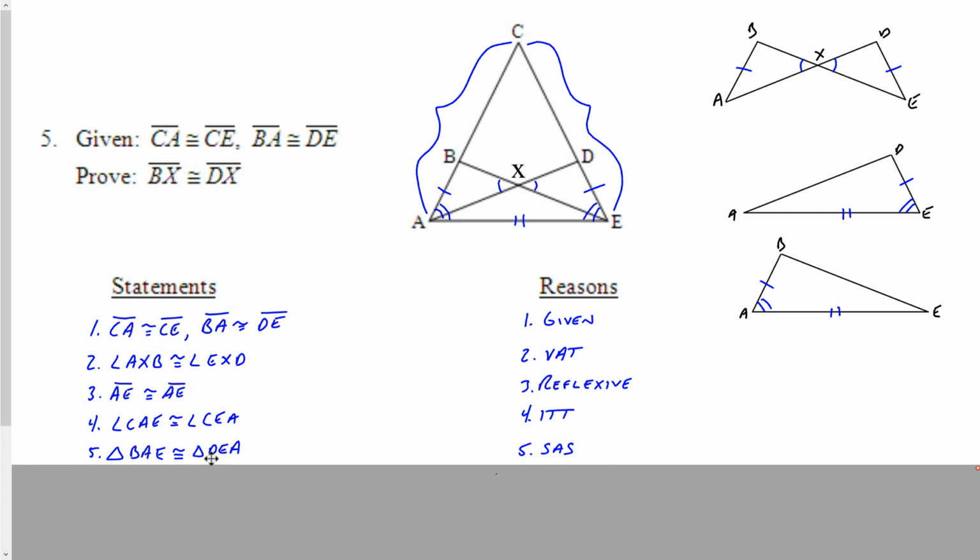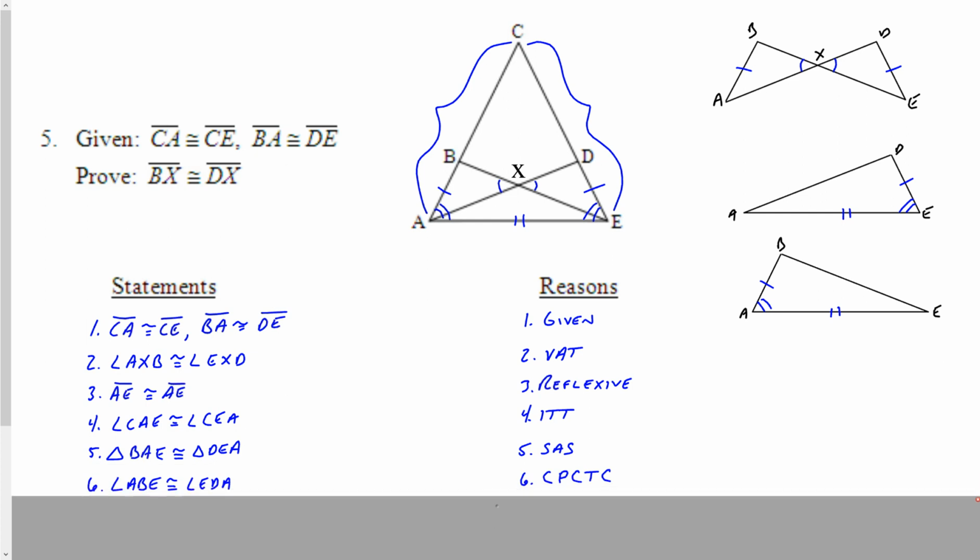So now we have to look at the two triangles that we just proved to be congruent and try to realize which parts of those two triangles they have in common with the two triangles that we ultimately need to prove are congruent, and those are triangles ABX and EDX. So what they do have in common is a pair of angles.